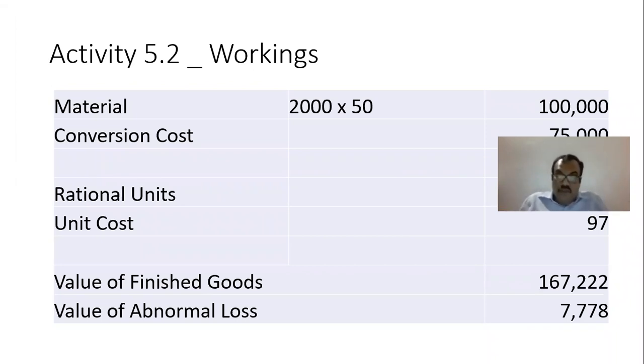If the normal loss is going to be absorbed among 1,800, anything arising as revenue or benefit from the normal loss should be deducted. That's very legit. Assume that the scrap value of this normal loss is 5,000. Therefore, your total cost to be absorbed among these 1,800 units is not 175,000 but 170,000 after deducting that 5,000 from this value.